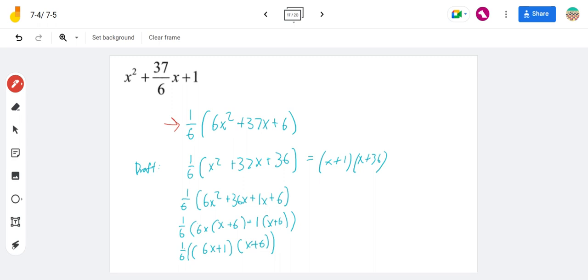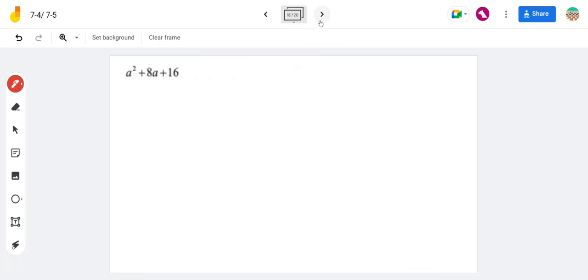So we can factor out the x plus 6, and we end up with 6x plus 1 over there. So this is correct. So you need to be careful about the sketch and the real questions. Okay, so we can proceed.